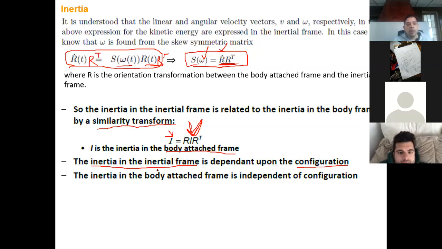But the inertia in the body attached frame is independent of the configuration. That's the main difference between these two I. So this I depends on the configuration, and this I is independent of the configuration.